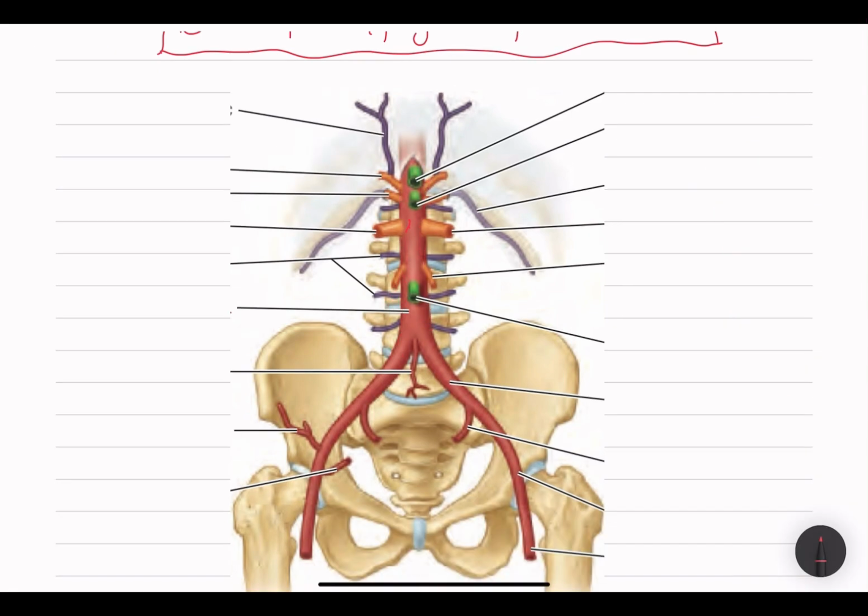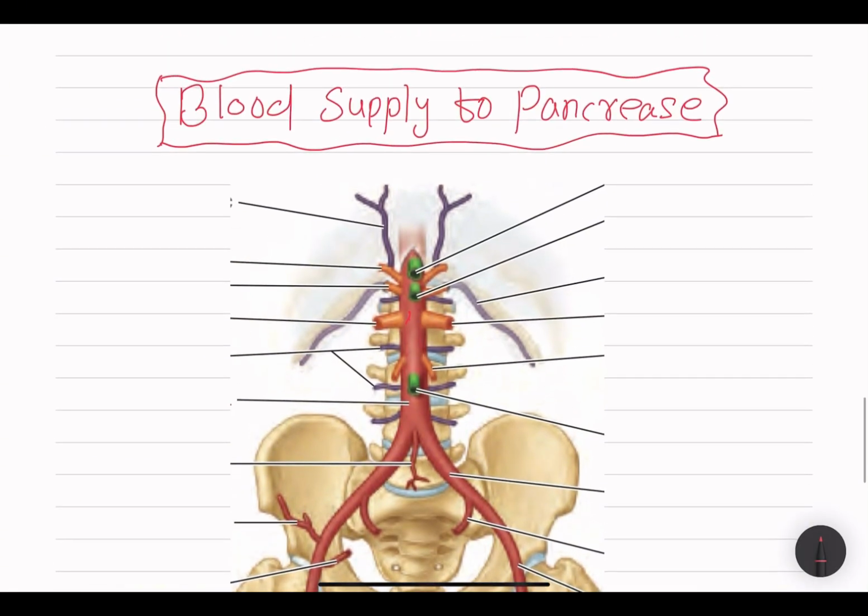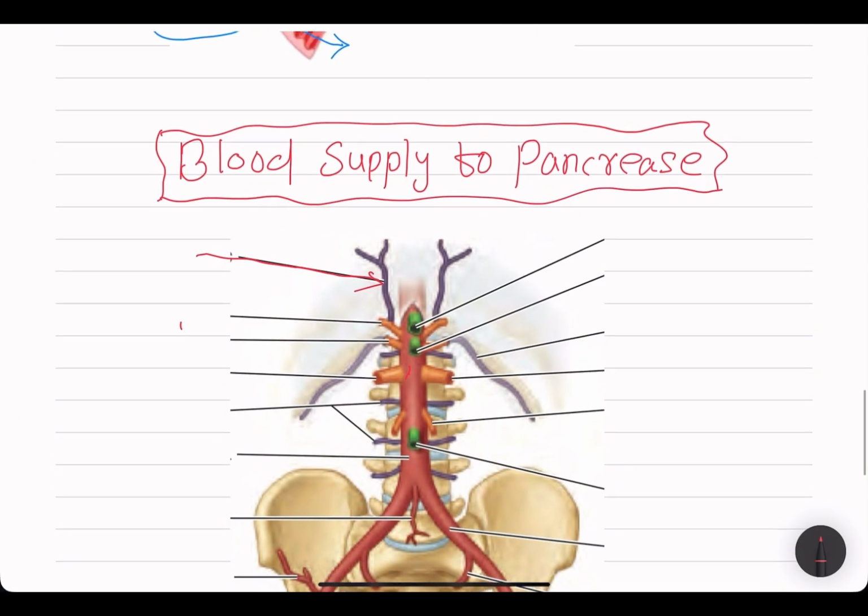So let's know what the branches of this aorta are. First, this one is the inferior phrenic.